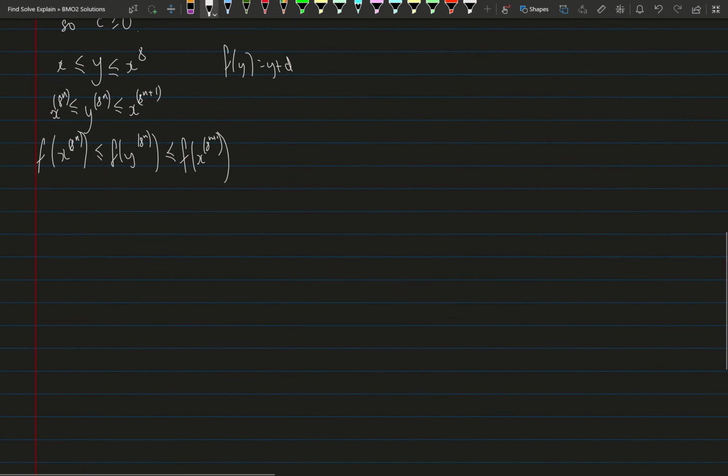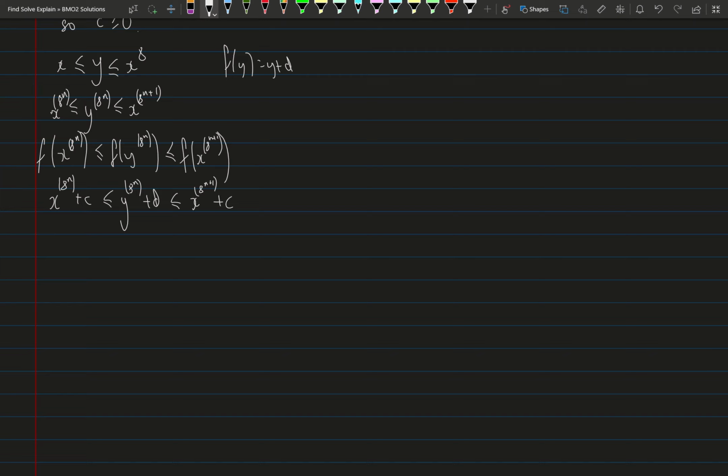And so this gives us x^(8^n) plus c is less than or equal to y^(8^n) plus d, which is less than or equal to x^(8^(n+1)) plus c.